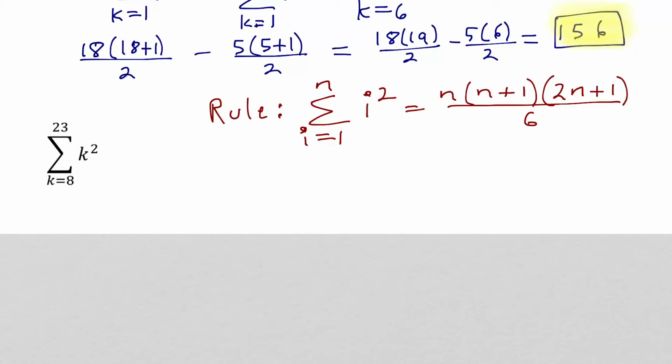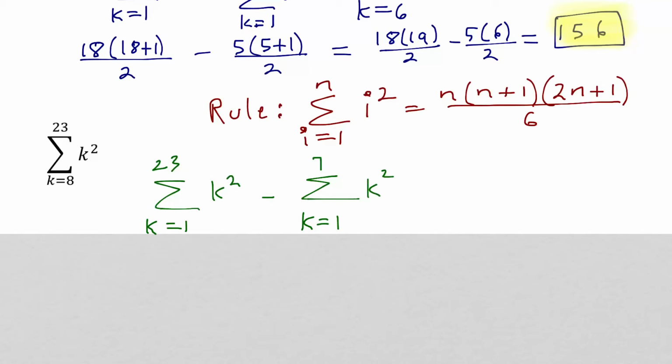Using our properties, we can say that the sum from k equals 1 to 23 of k squared minus the sum from k equals 1 to 7, taking off the first 7 terms in the list, will leave you with the sum from k equals 8 to 23 of k squared.